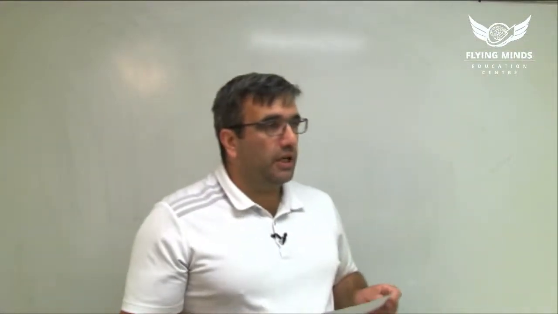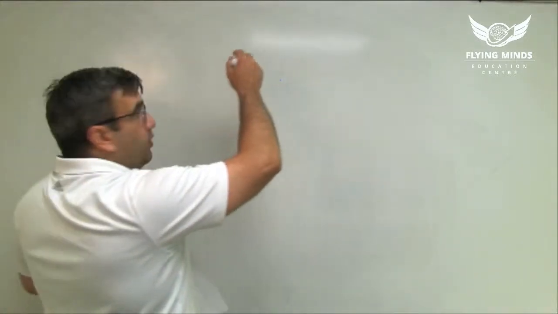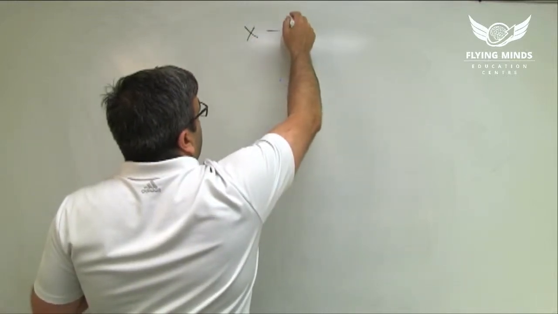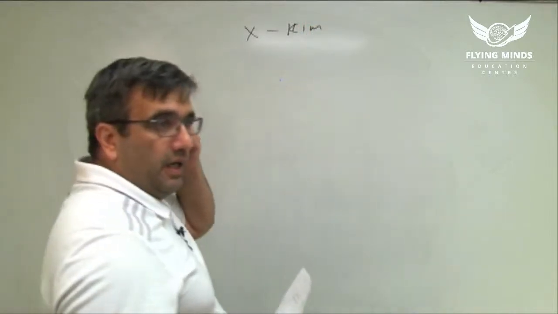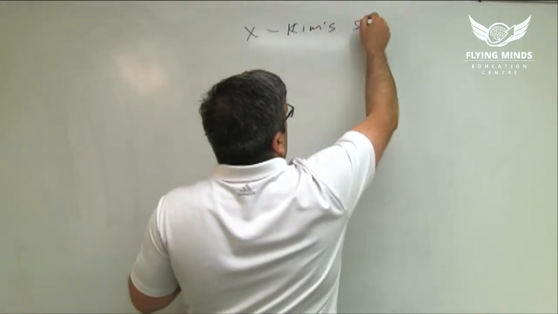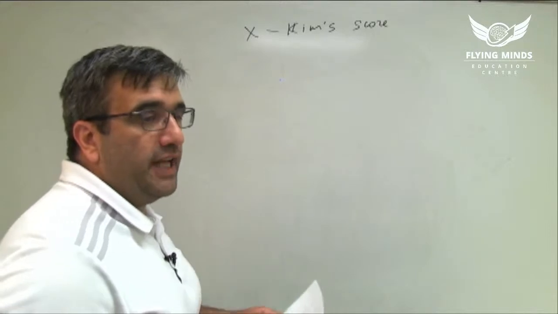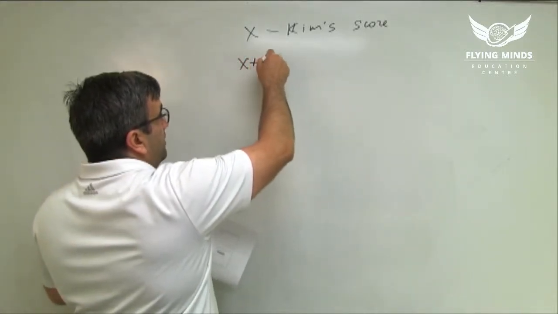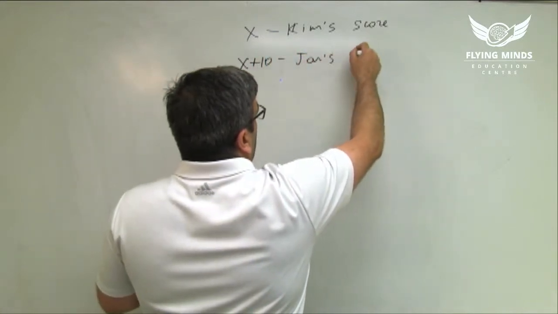Kim and Jan scored, okay, so Kim scored X, Kim's score. Then Jan scored 10 more points than her, so this will be Jan's score.